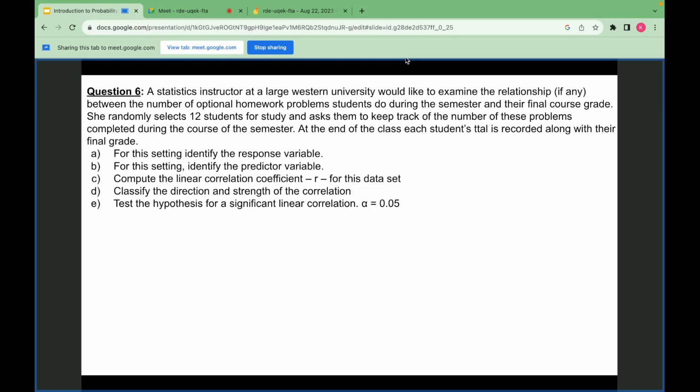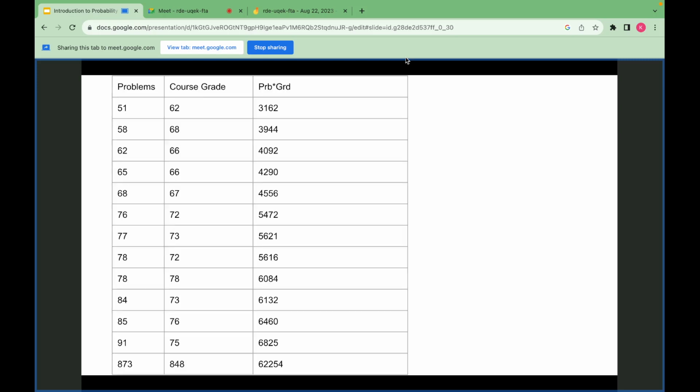She randomly selects 12 students for the study and asks them to keep track of the number of problems they are solving, and at the end each student's tally is recorded along with their final grade. Okay, so this is the table.